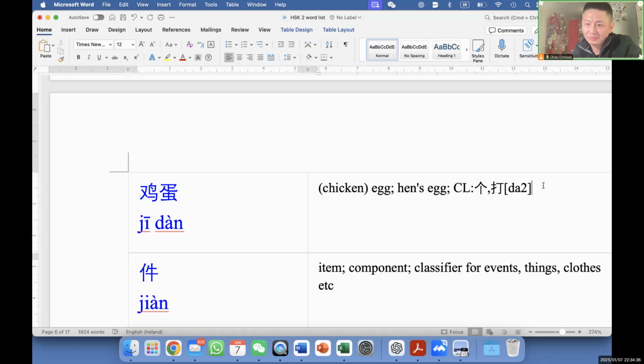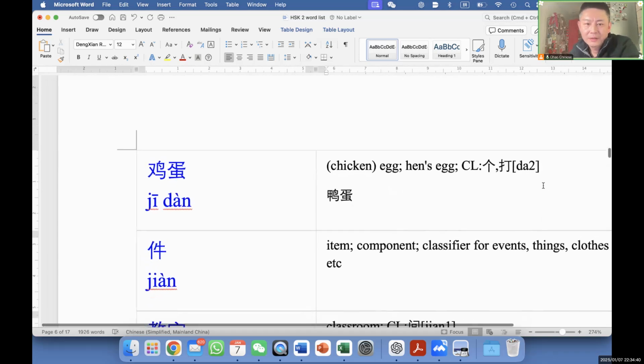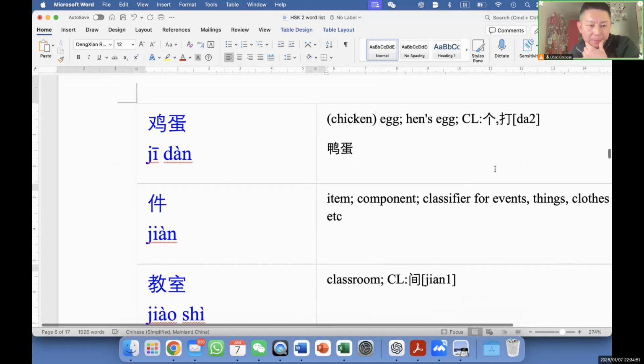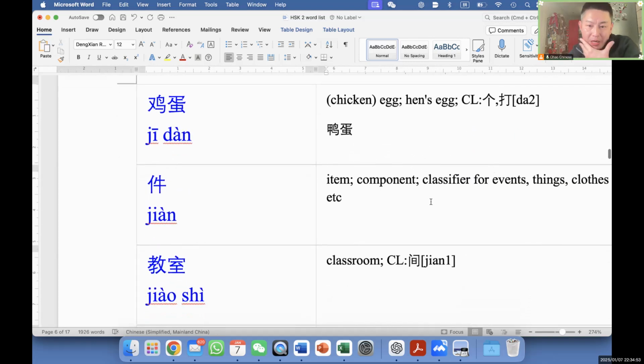打. 一打, that's the measure word. 一打 means 12. 打 also means 12, not to hit, it's a different word. And 件 is a measure word for clothes that you wear on your upper body.